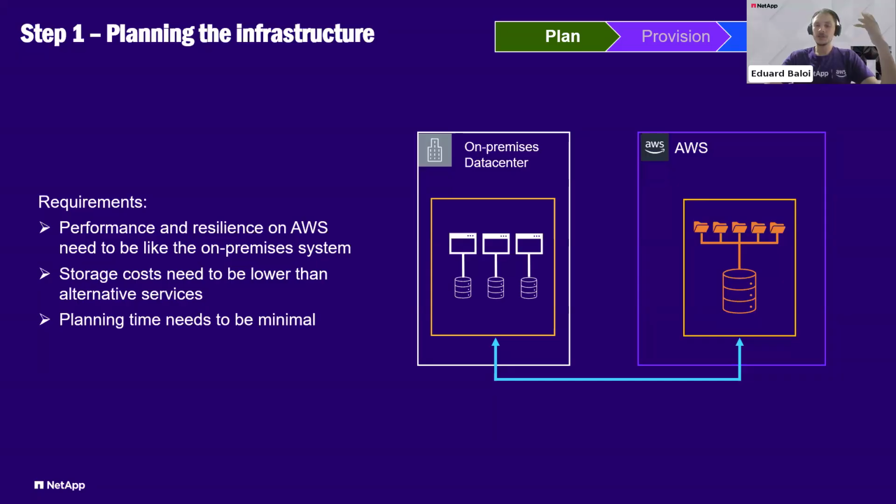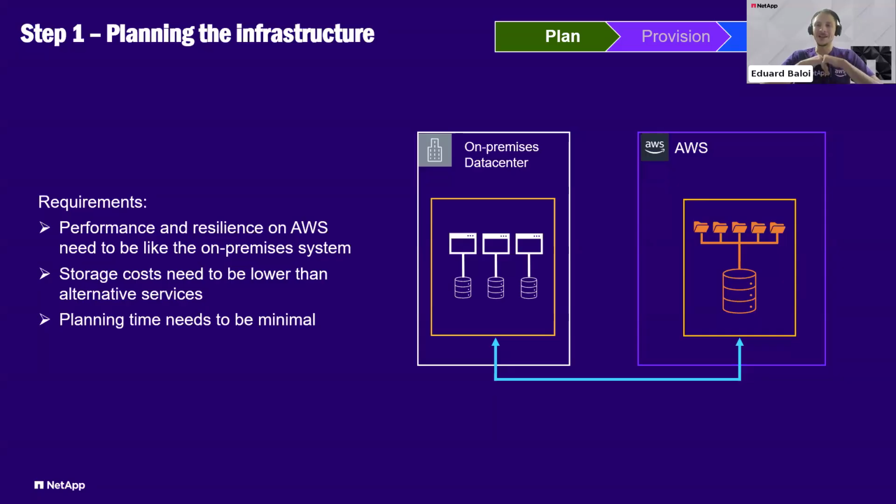We are going to focus on a use case of one fictitious customer that has a set of requirements on the planning phase. Those requirements are the following. Whenever we move our footprint into our AWS account, we need to maintain the same level of performance and resilience as in our ONTAP on-premises systems.